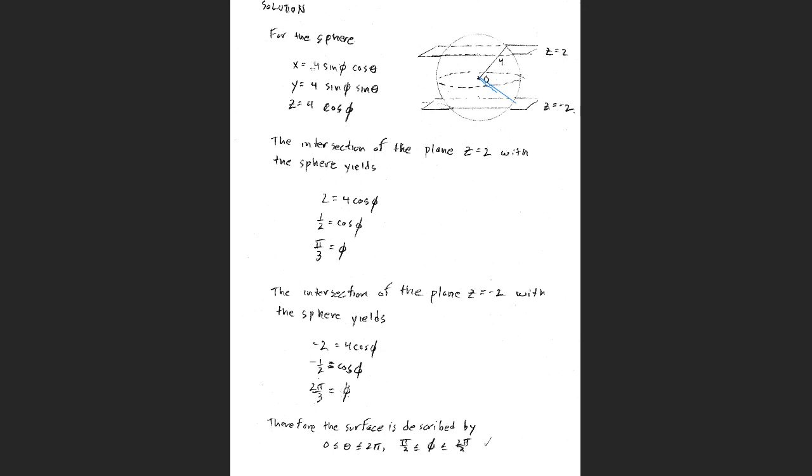sphere intersects the plane, and think about the positive z-axis, there it is, positive z-axis, right there, and measure the angle phi from the positive z-axis to there.